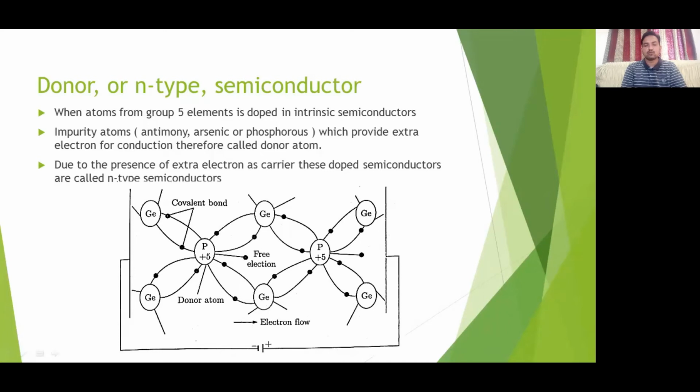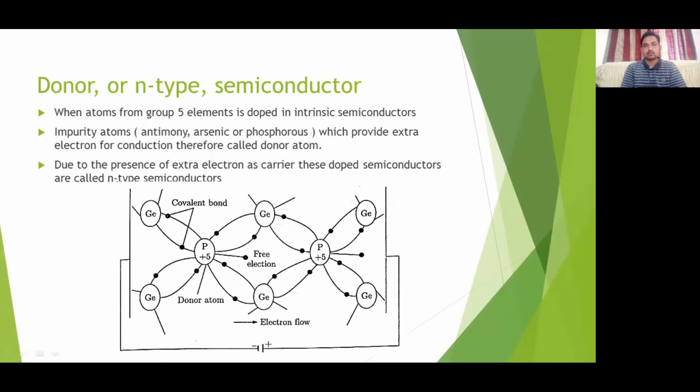So the impurity atom shares 4 of its electrons with 4 of its neighbors, because each germanium atom can accommodate a maximum of 4 electrons. So one of the electrons of the group 5 element is free.